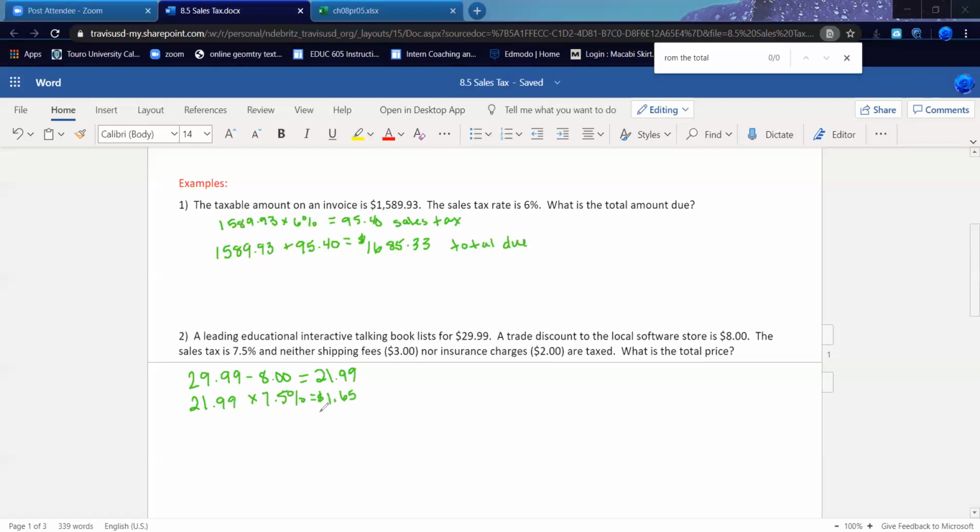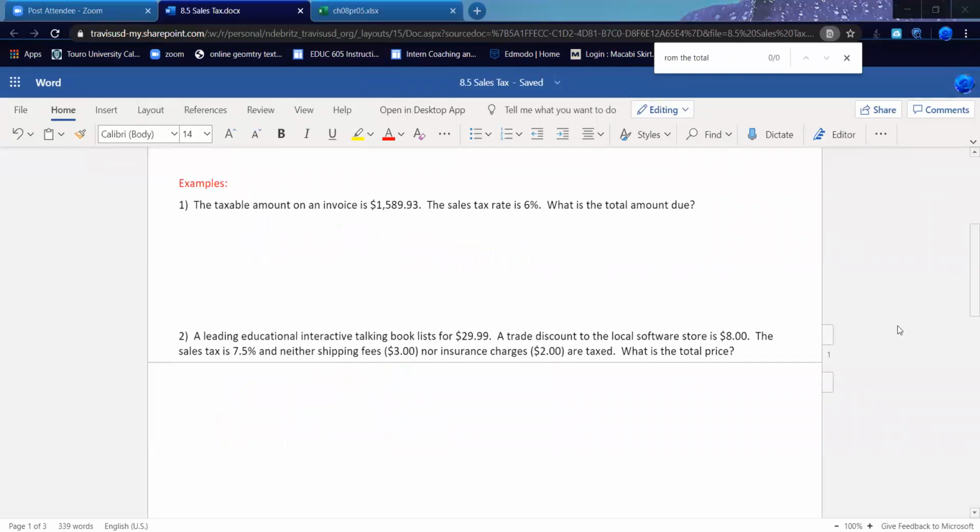Then I'm going to take the amount that I have, the discounted price of the item, plus the sales tax, and I'm going to add my shipping and my insurance charges because I'm mailing it someplace. And that's going to give me a total of $28.64. So I'm going to pay them $28.64 for them to mail and insure my item, so I can send it to my grandchild.